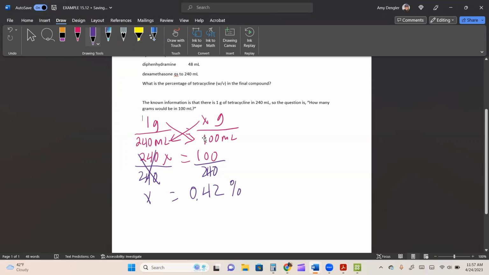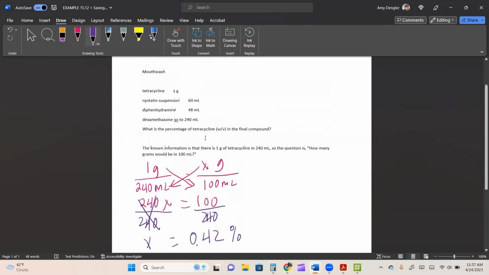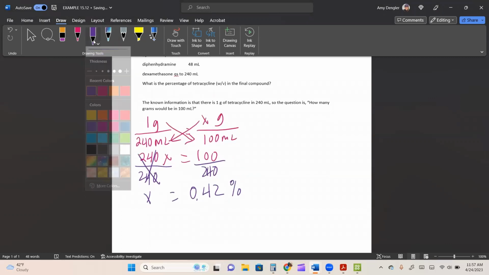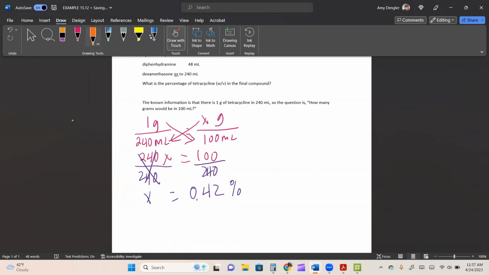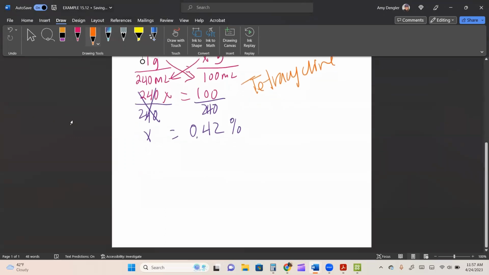All right. Now we can do that same exact thing for each product. So now we are going to go to the nystatin. So this was the tetracycline. Now for the nystatin, it was 60 ml out of 240. And we want to know how much is in 100 ml.